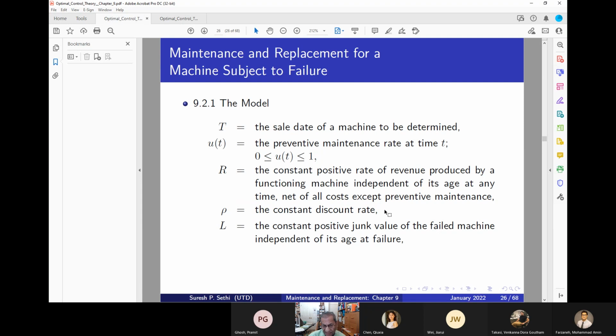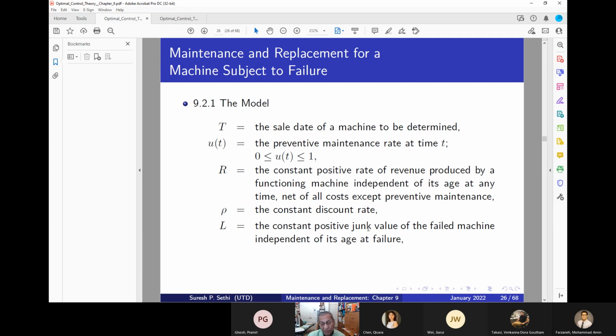Rho is the constant discount rate, and L is the value of the machine when it fails. Whenever it fails, you junk the machine, you get this value. This value could be negative, because you have to get rid of the machine. Let's say if it's a car, you have to get rid of the car. Sometimes you have to pay for it.